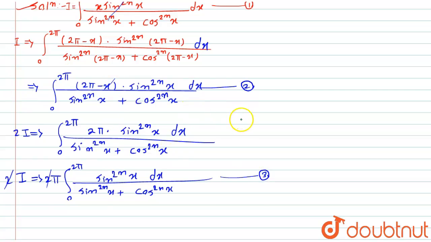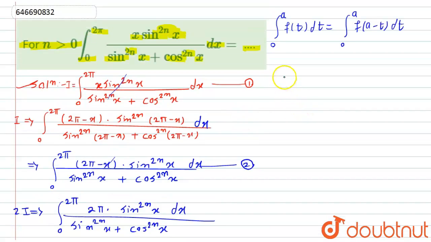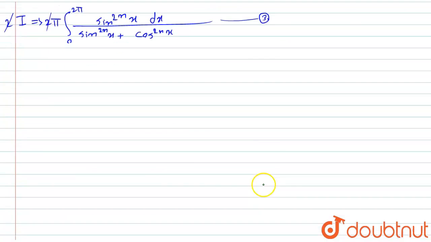Now the second property which we are going to use here is that the integral from 0 to 2a of f(t) dt can be written as 2 times the integral from 0 to a of f(t) dt.